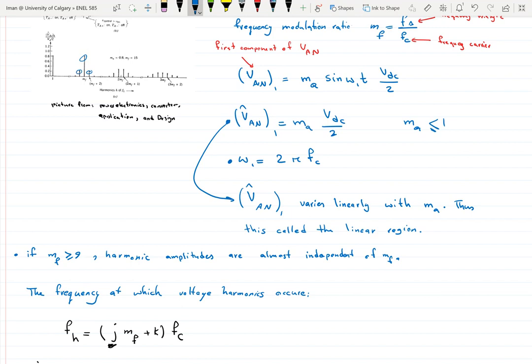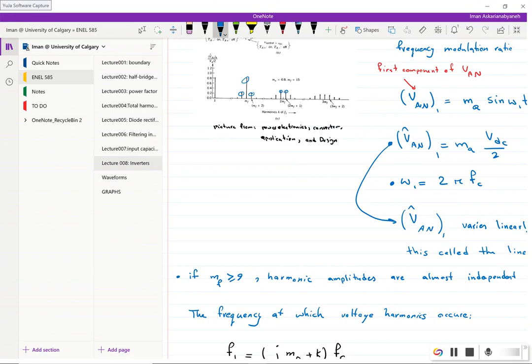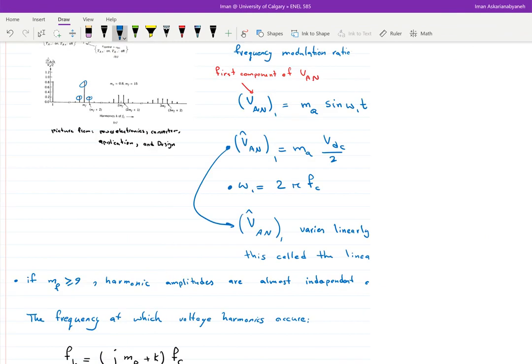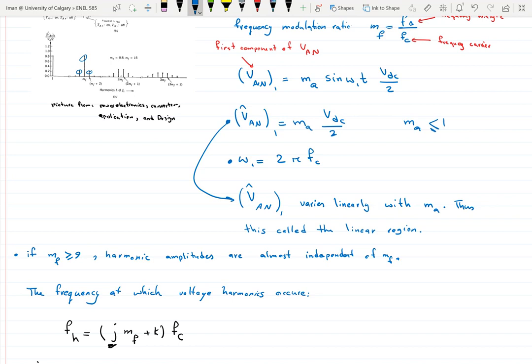And here I would have a value at 2mf plus 1 which is 15, and then 13.